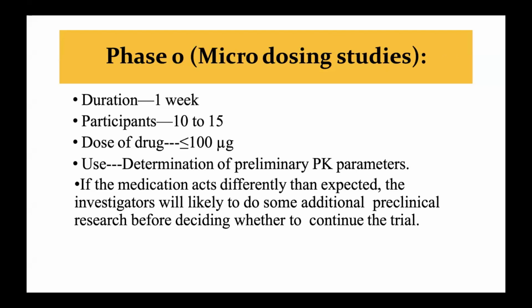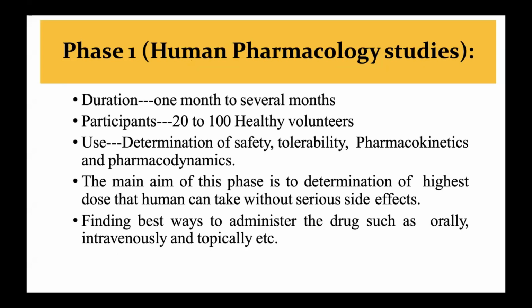In phase 0, the participants were 10 to 15. Why do we do this? To determine the safety, tolerability, and other pharmacokinetic and pharmacodynamic things. That is the main aim of this phase.